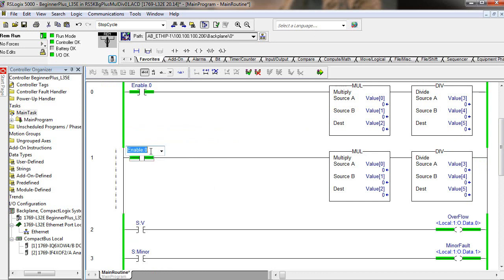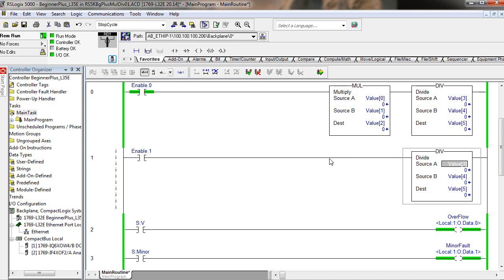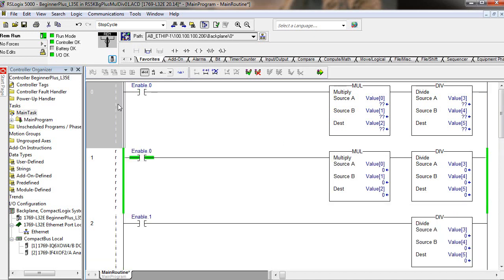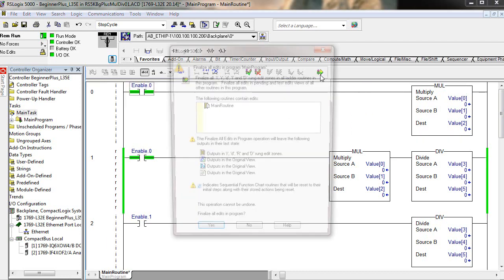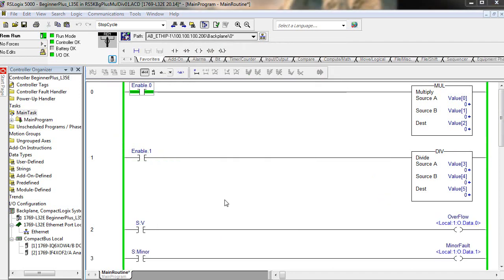I'll change this one to enable bit 1 so it's separate, and I will delete the multiply from this rung and the divide from this rung. Select them both. Well, I don't have to. I can just hit finalize all edits.